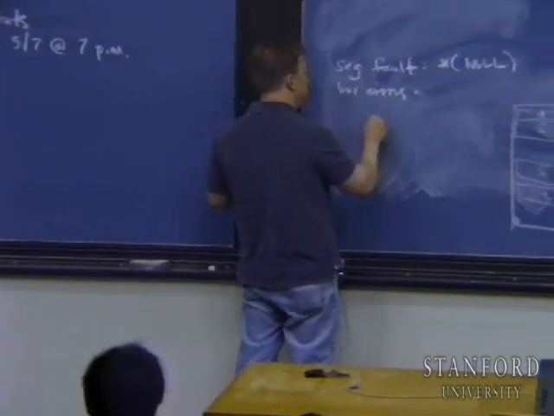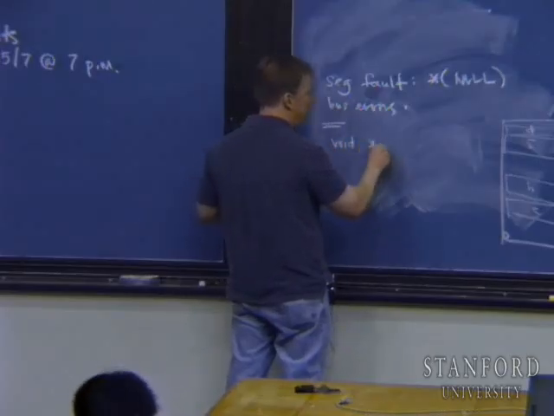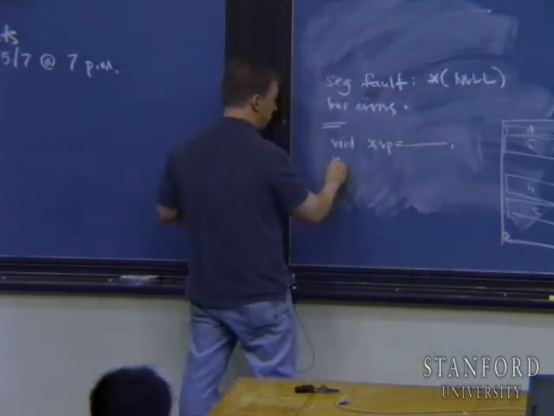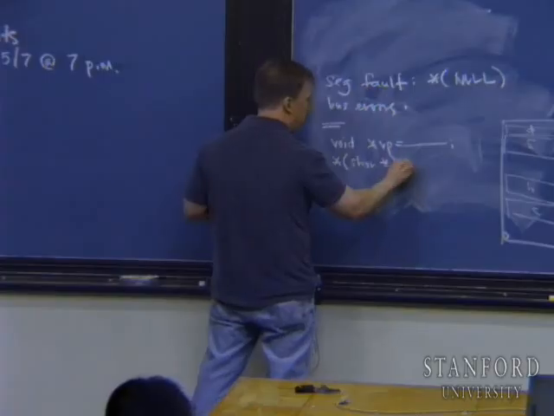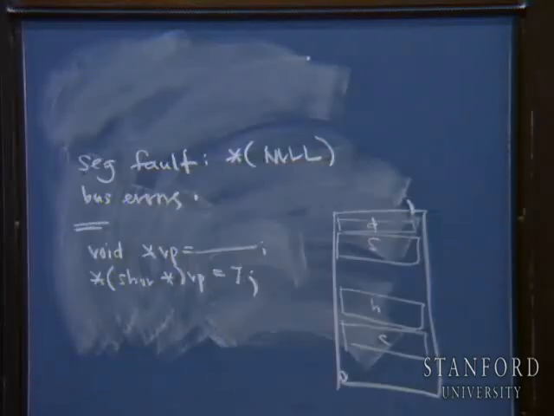If you have an arbitrary address, void star VP is equal to whatever it's equal to, and then you do this. If VP really is an address that resides somewhere in one of the 4 segments, you will not get a segmentation fault because you are hitting a segment.